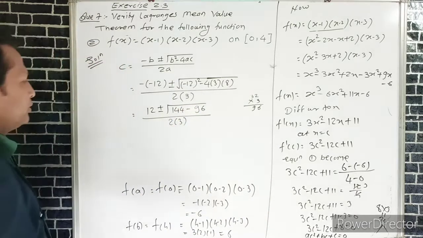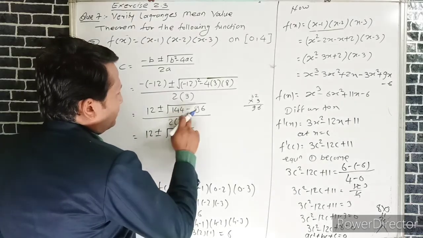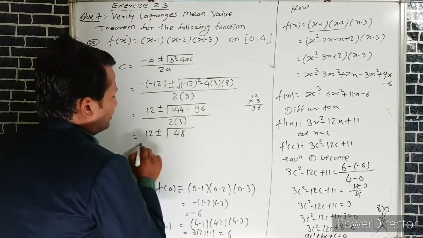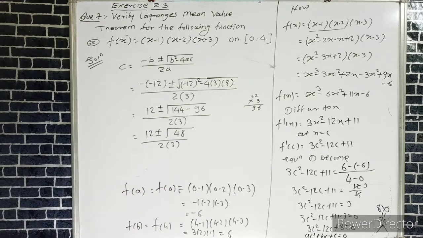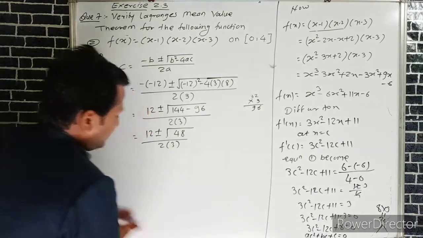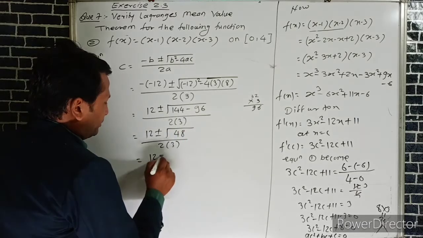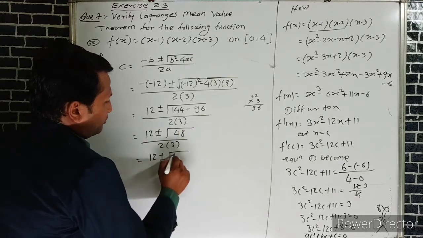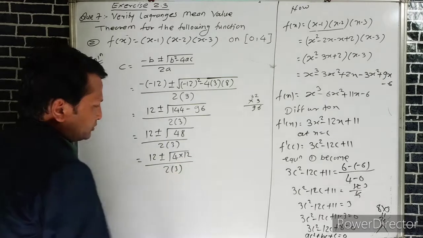So we can write again 12 plus minus under root of 144 minus 96, which is 48, upon 2 into 3. This 48 has a square multiple: 4 is the square of 2, so we can write 12 plus minus under root of 4 into 12 upon 2 into 3.